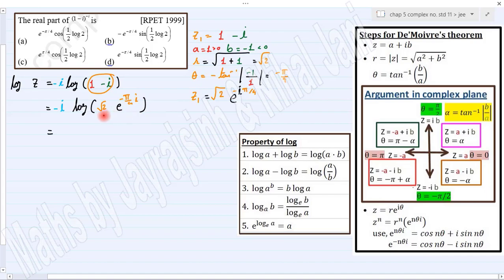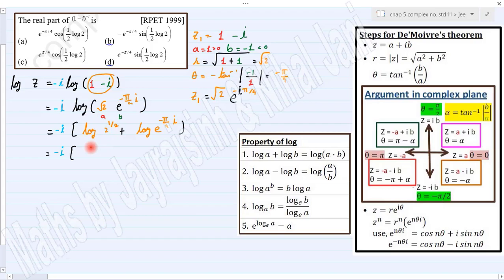Now, here we have log of a into b, which can be separated as log a, which is log root 2, plus log b, which is log e raised to minus pi by 4i. In further simplification, your minus i will be as it is. This log root 2 can be rewritten as log 2 raised to 1 by 2.